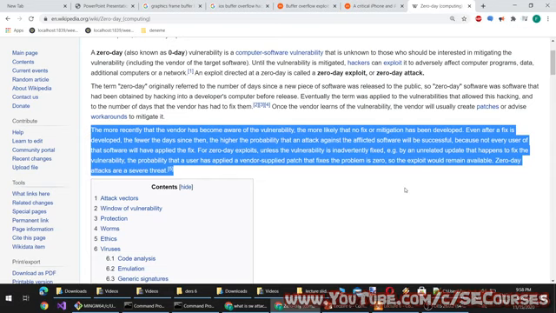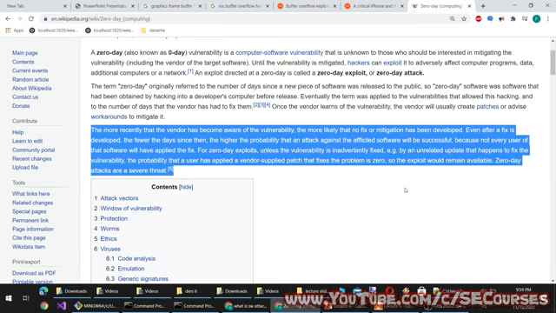The more recently that the vendor has become aware of the vulnerability, the more likely that no fix or mitigation has been developed. Even after a fix is developed, the fewer the days since then, the higher the probability that an attack against the afflicted software will be successful, because not every user of that software will have applied the fix.